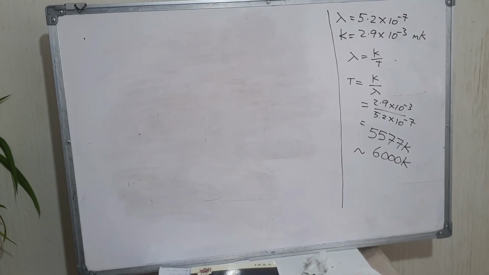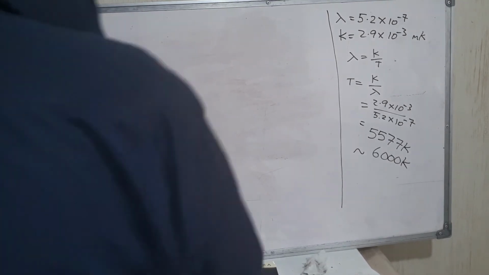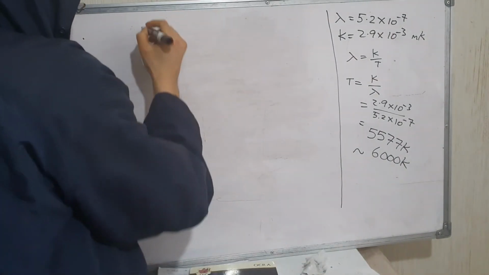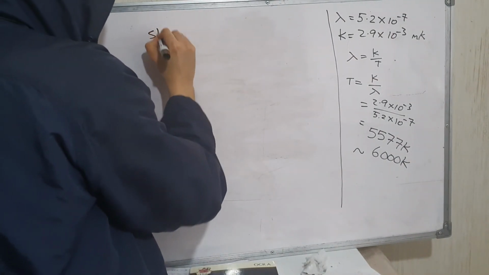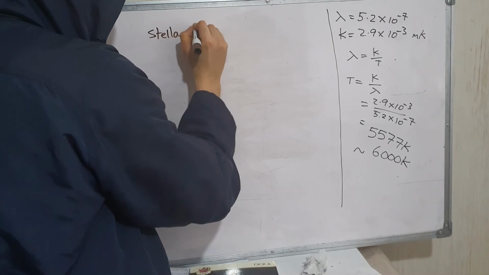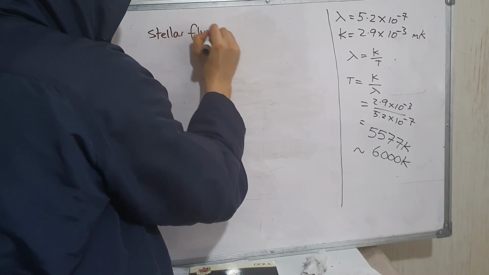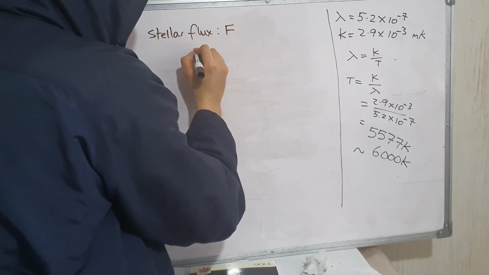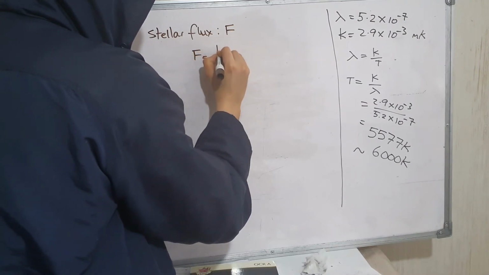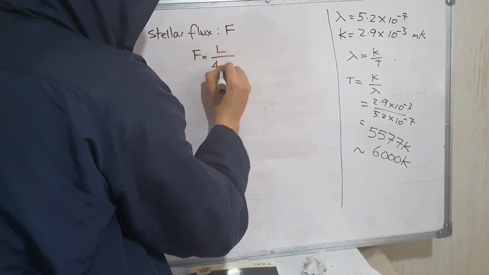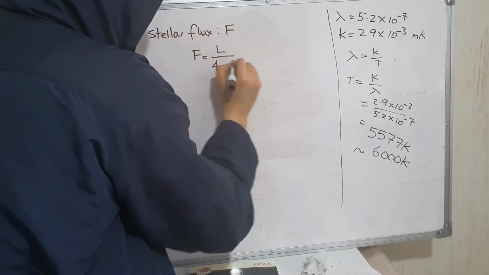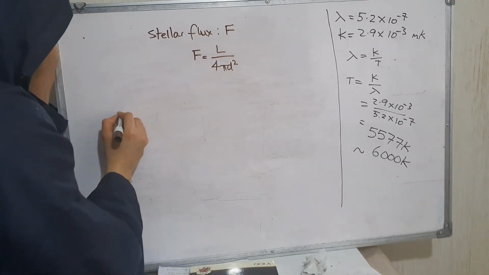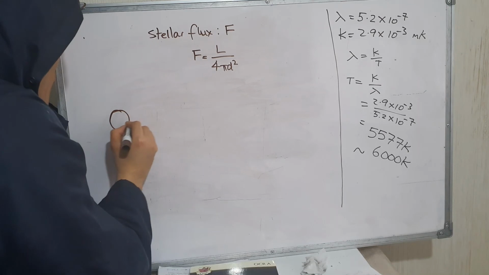All right, so let's do part 2, but first let's just cover a bit of theory. So we're talking about stellar flux. This is the symbol F, and F is equal to luminosity divided by 4 pi d squared. So let's just say that this is the star, and you're here.